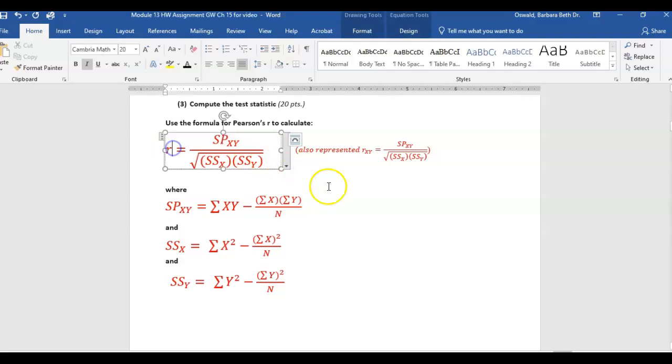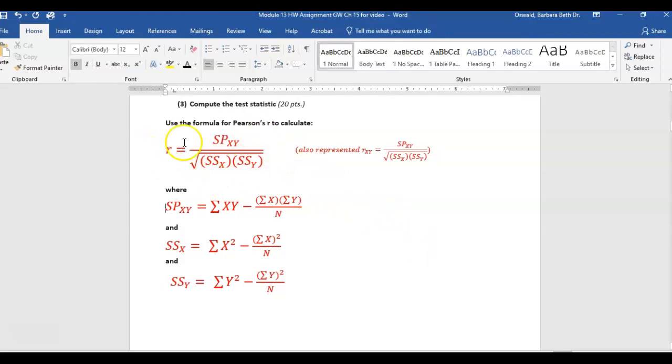I'll also note that in practice problem 15.1, it gave you this R formula. We're going to see this later as actually R sub xy, and that'll be important later when we're solving partial correlation. Excuse me, but R without anything is R sub xy. So those are the same formulas.